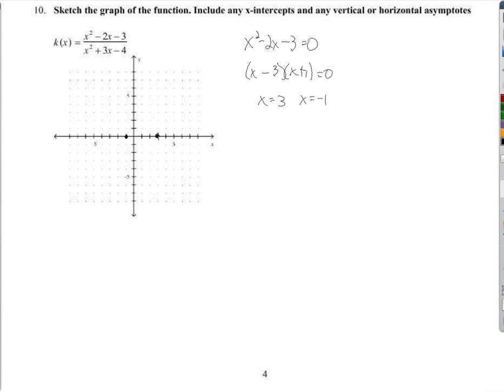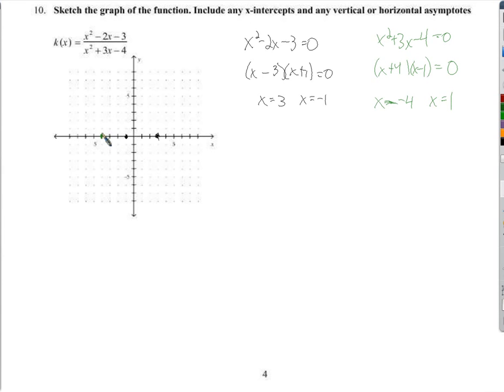All right, vertical asymptotes. Let's set the denominator equal to 0. x plus 4, x minus 1, x equals negative 4, x equals 1.